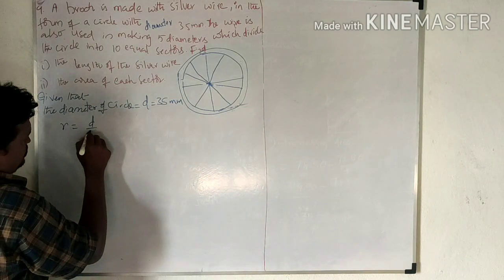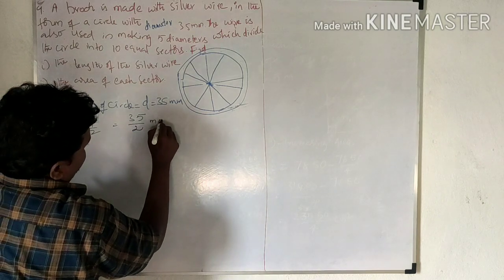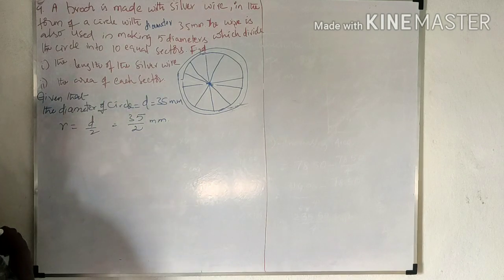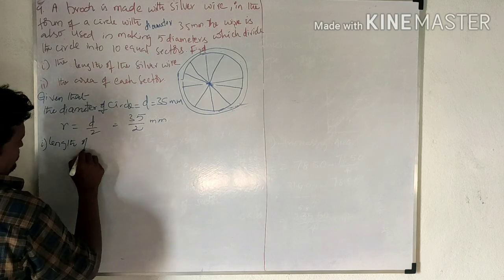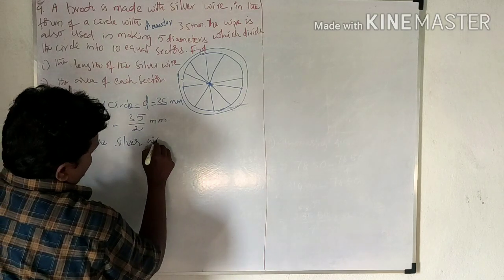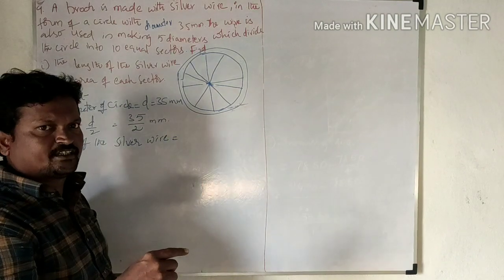Then radius is equal to D by 2, that will be 35 by 2 millimeters. Now we have to find the length of the silver wire.